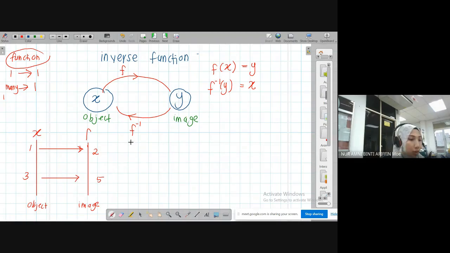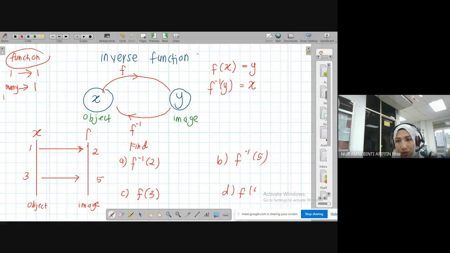My question is, A, find inverse function of 2. B, inverse function of 5. C, I ask you to find the object for 2, the object for 5, and the image for 3. And then D, the image for 1.